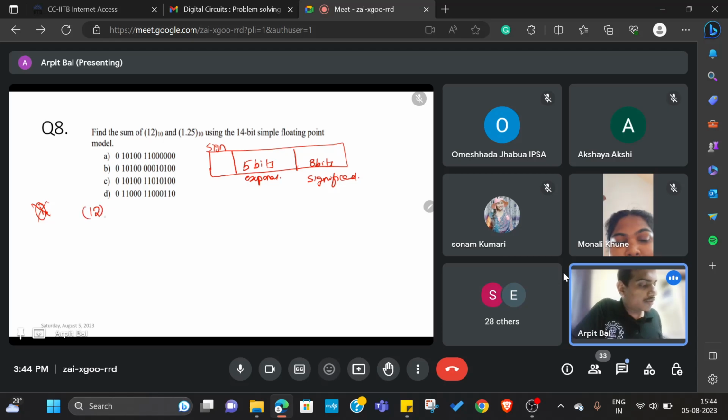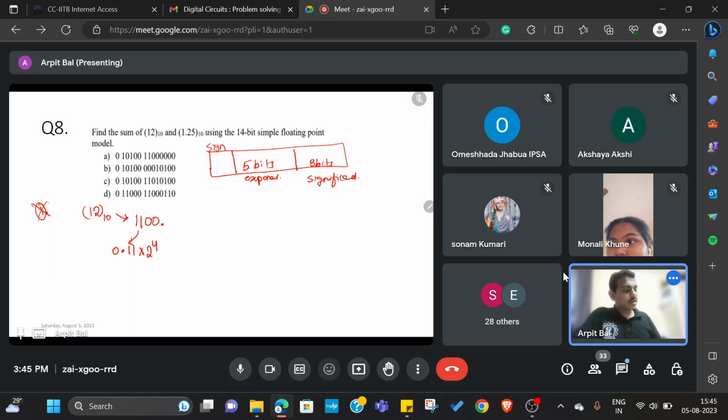So we have 12. 12 will be represented in binary as 1100. The decimal point is here, and we need to move 4 places towards the left. So it means 0.11 into 2 power 4.